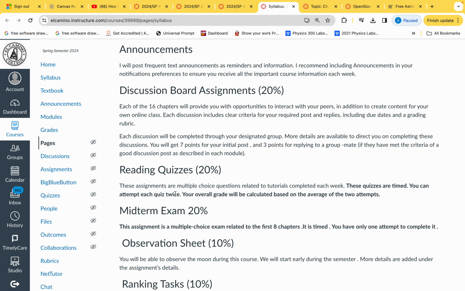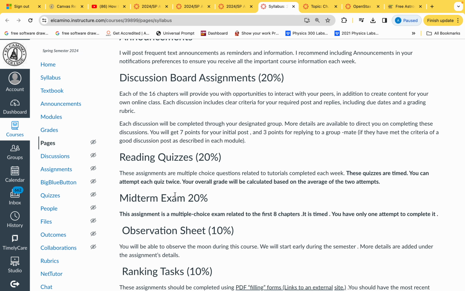Reading quizzes: every quiz reflects its chapter number. We don't have quiz 1, we have quiz 2 based on chapter 2, quiz 3 based on chapter 3. You have two attempts. Your grade will be based on the average of the 2 attempts, and remember, not the highest.